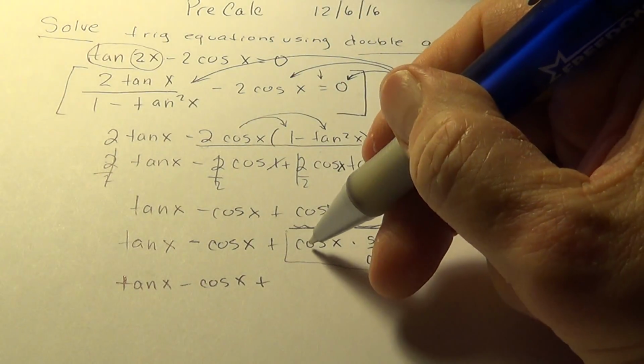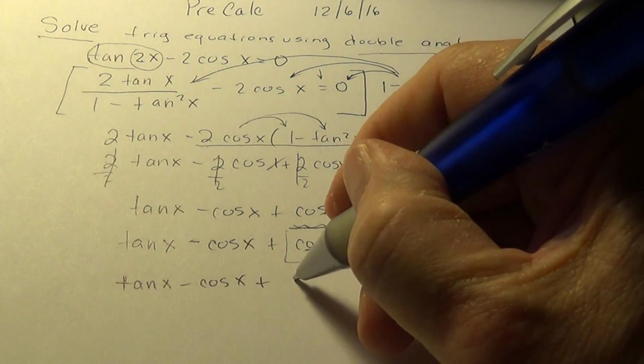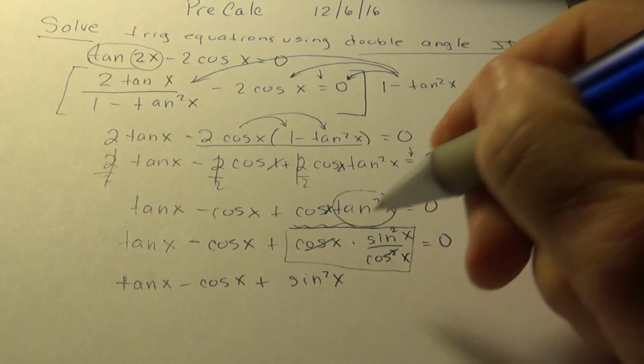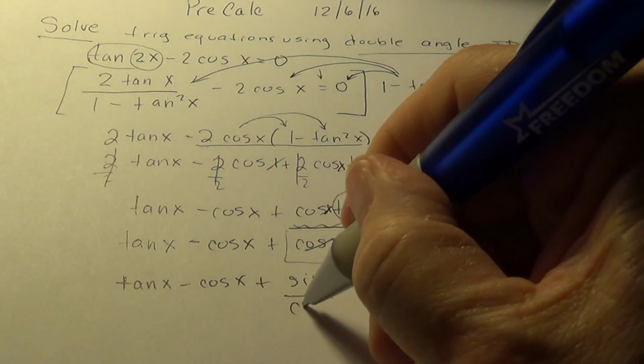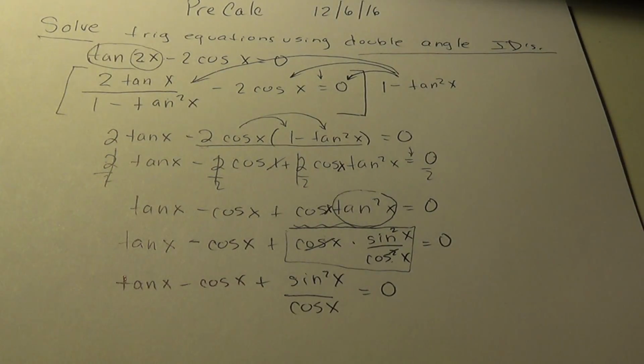So this cosine will cross out one of those. So I end up with a sine squared on the top and a cosine x on the bottom equals 0. All right, so what if I clear fractions again?